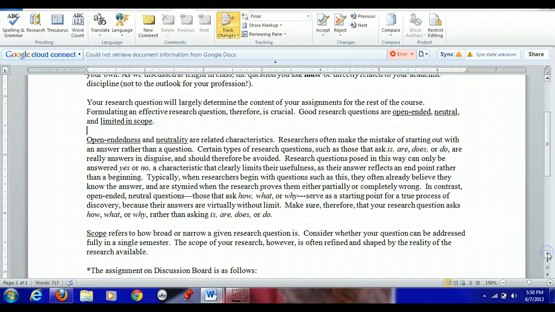The wording is quite important because you may or may not realize that any research question that asks is or are, does or do are really answers in disguise. Meaning, if you can answer it with a yes or a no, it's not a good research question. It's limited.